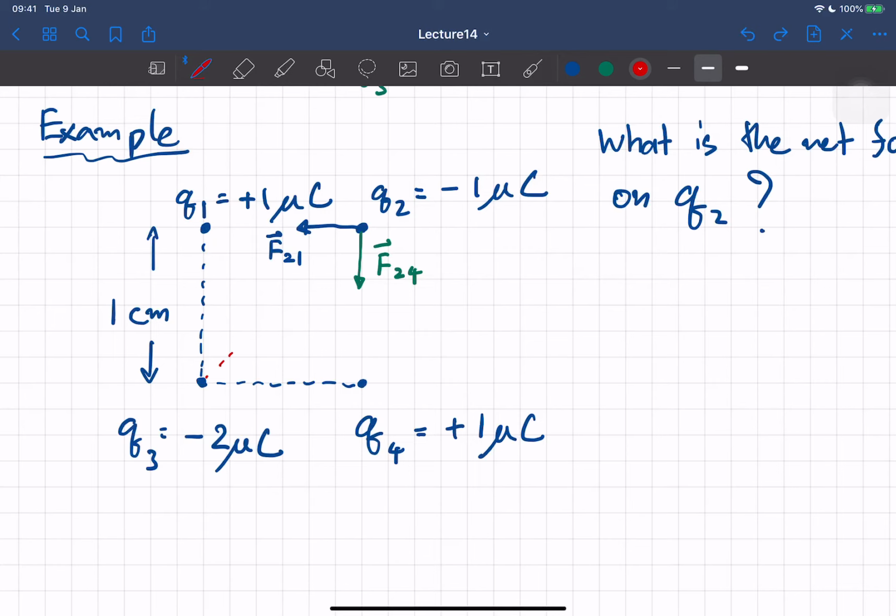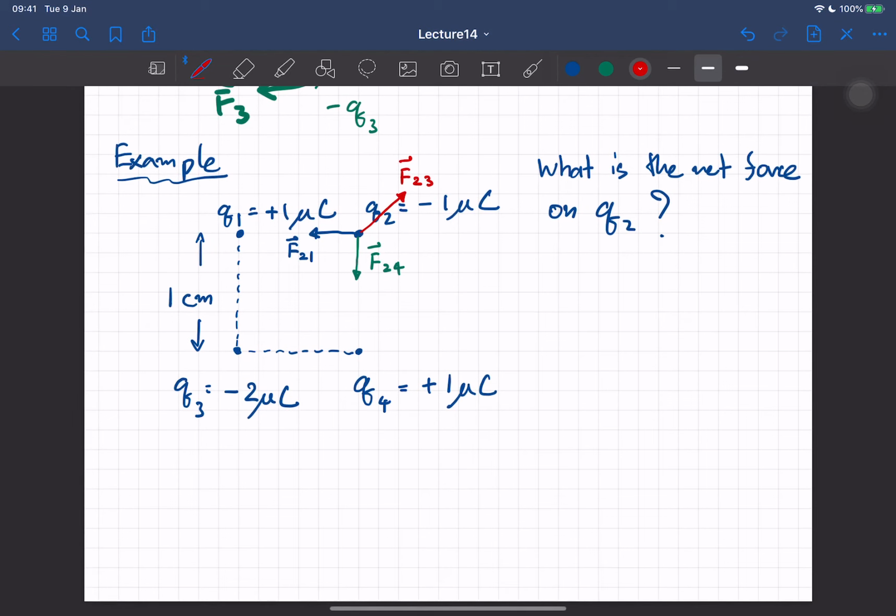So repelling each other means the force on Q2 is pointing this way. This is F23. Are we done here? Well, yes, because we have accounted for all the forces from every charge other than Q2.